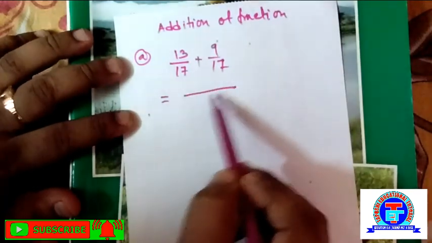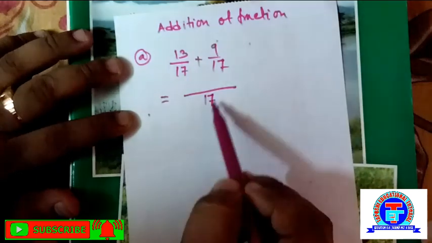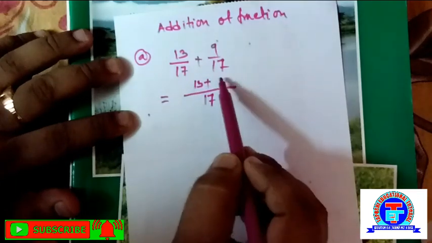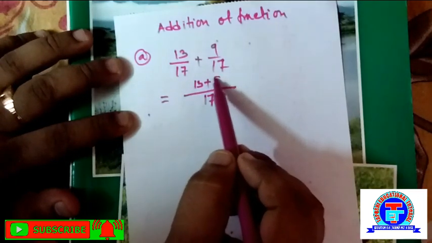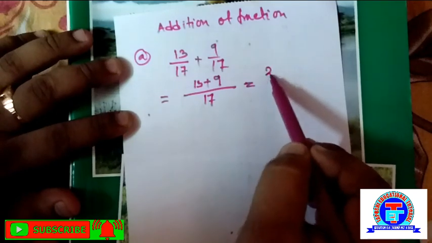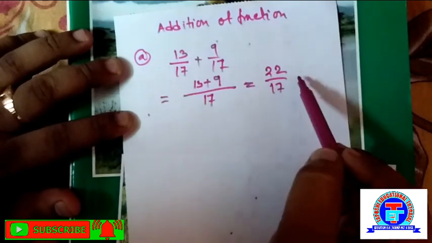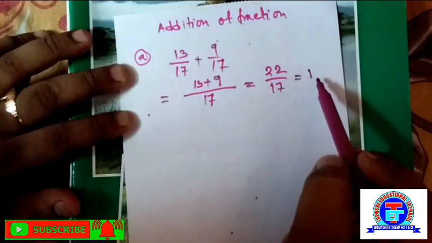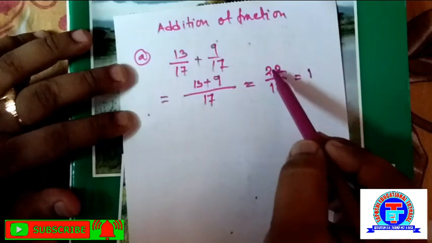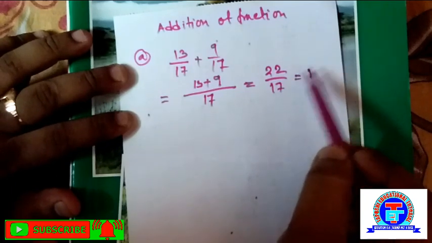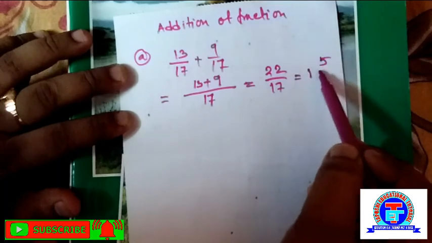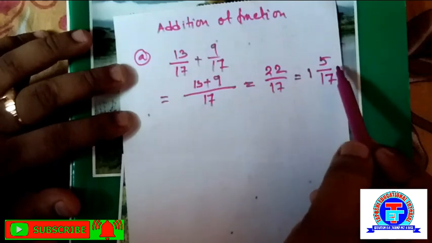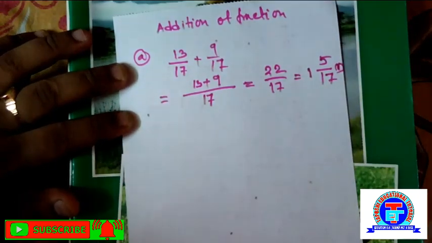So here we write 17 as the common denominator of both. Now we add the numerators. It will become 22 by 17, and we convert it into a mixed fraction. It will become 1, and then subtract 22 minus 17, so it will become 5 by 17. So we read it as 1 whole 5 by 17. It is the answer.